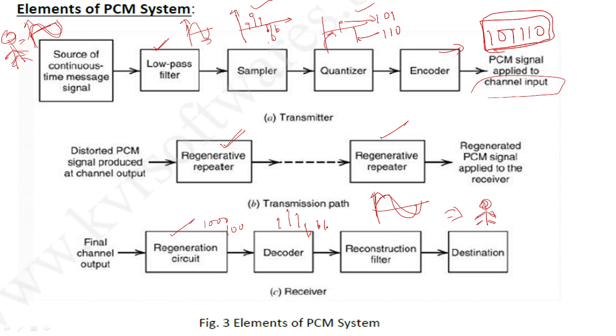This filtered signal is converted into samples, and the samples are quantized, converted into quantized values, meaning predefined coding, and finally we encode a signal at the transmission side end. At the receiver we again need to convert it into our original signal, and we need to reconstruct the filter, that is called the decoder or demodulation process.